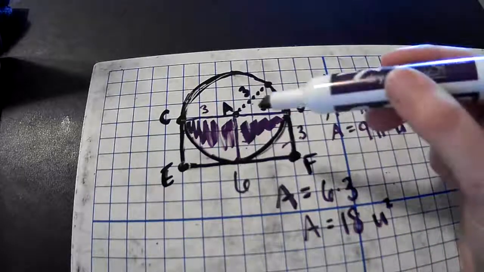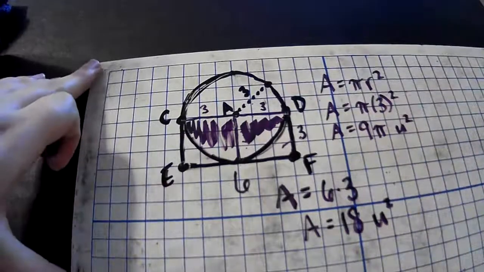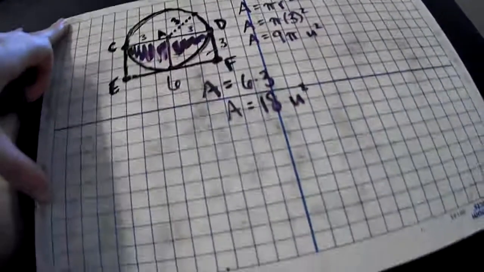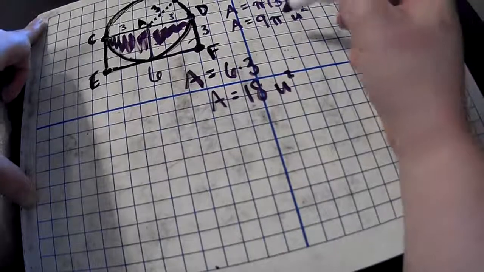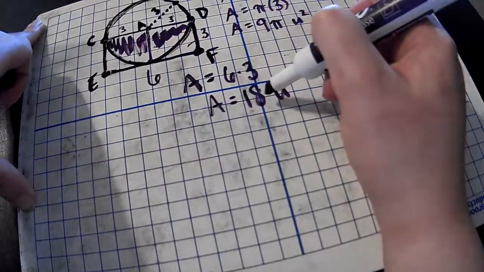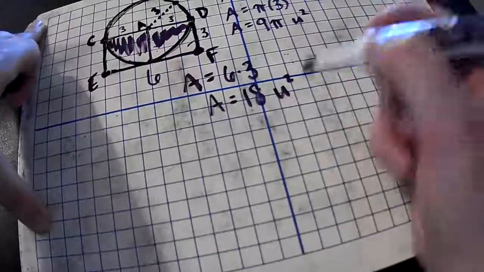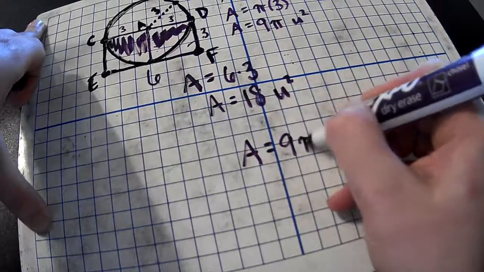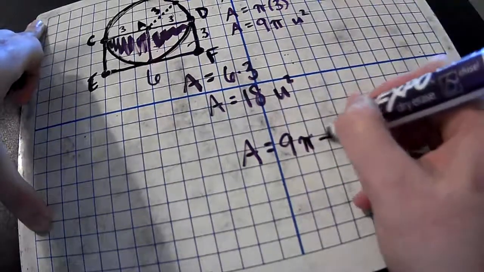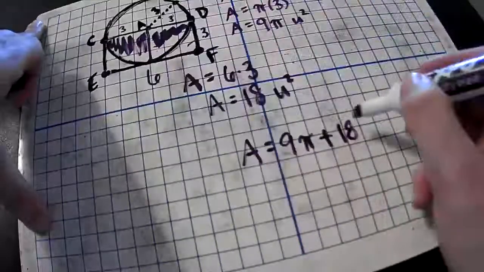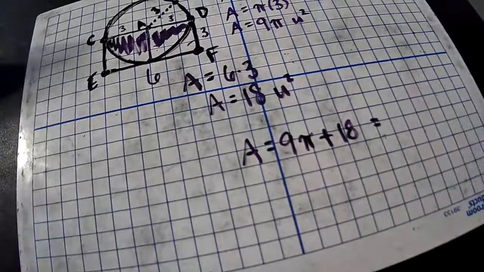So what I'm going to do from this point, and this is where we're going to see the two different methods happening, the first method to take care of that is I could take my area of my circle and my area of my rectangle, and I could add those together. So this is the area of the whole figure, 9 pi square units from the circle plus 18 square units from the rectangle. All right, and then I'm just going to grab my calculator.